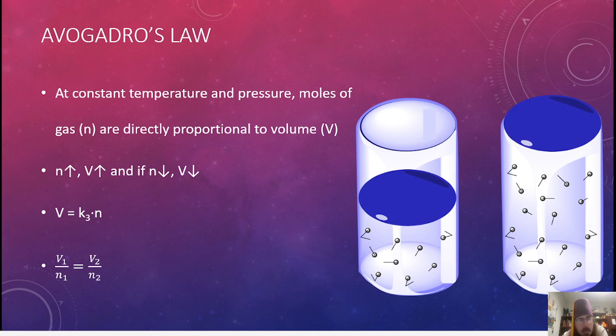So we found that volumes of gases were essentially proportional to the atomic count, which is essentially proportional to the moles. Found out that if you had more moles, you needed more volume. And so we could directly relate volume to moles by the equation.